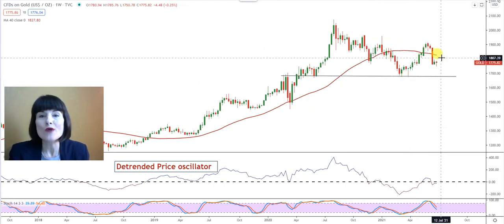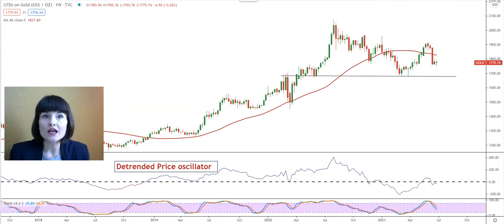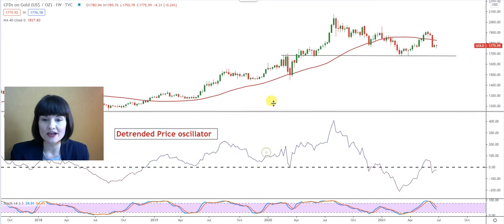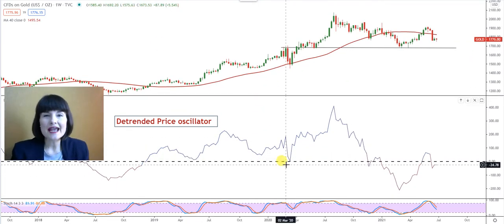We are already below the 40-week moving average, which highlights a warning. We have already found resistance at a level that is lower than previous resistances, which tells me lower highs, which is negative.